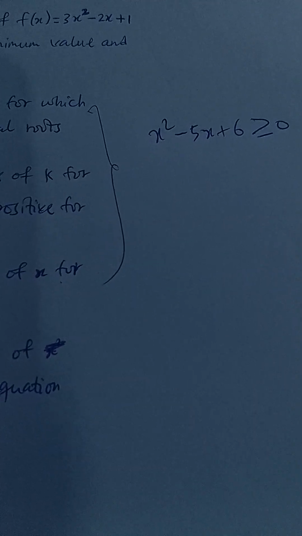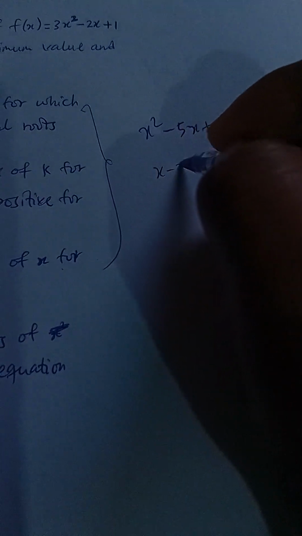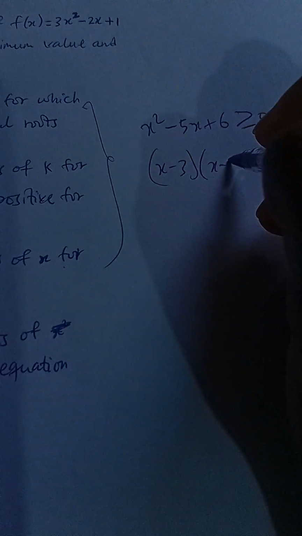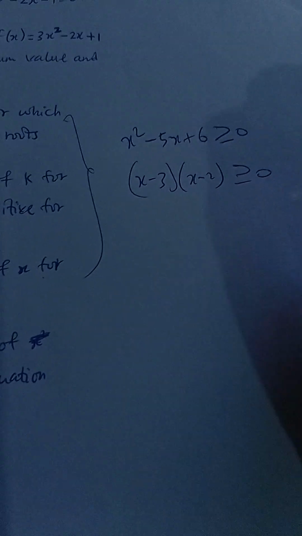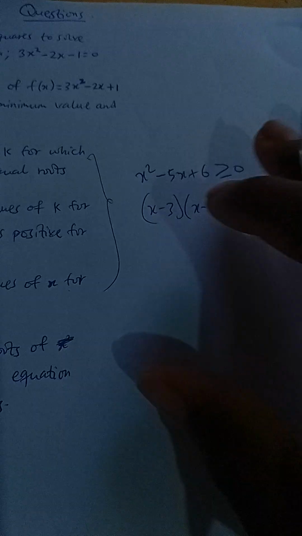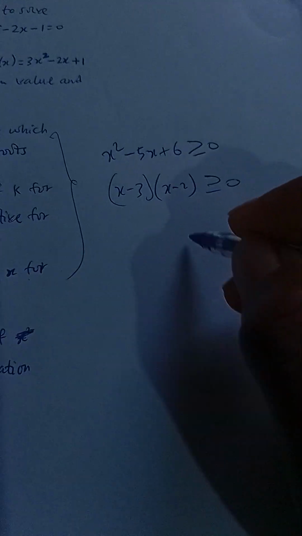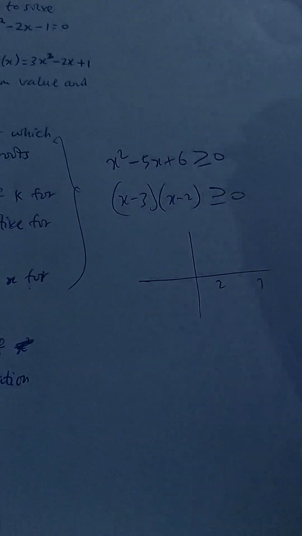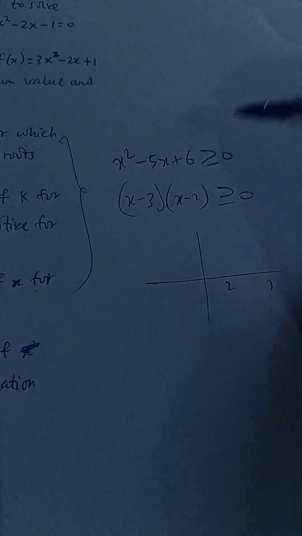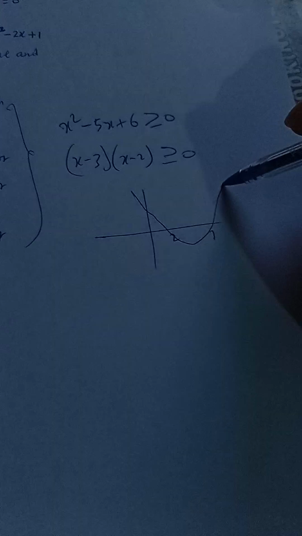I have 3 and 2. So when I equate both of them to 0, I can get 3 or 2. Now what do I do? Let's plot it. We'll get 2 and 3. A is positive, meaning minimum curve.